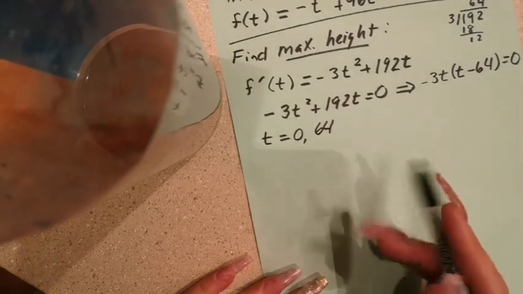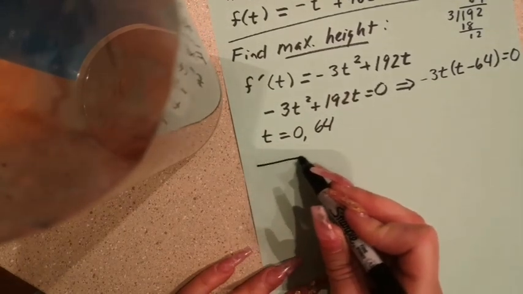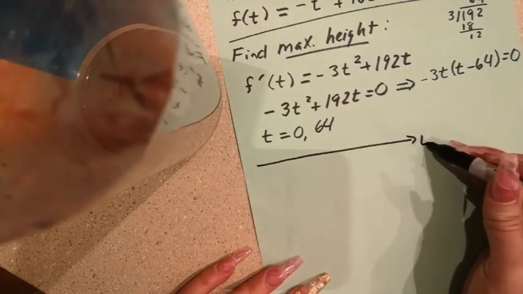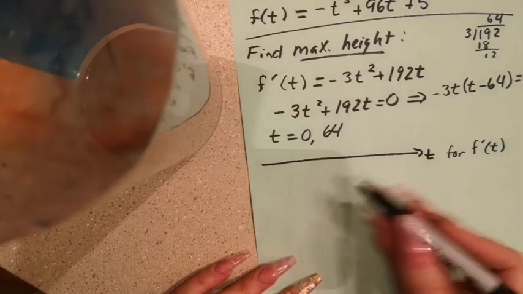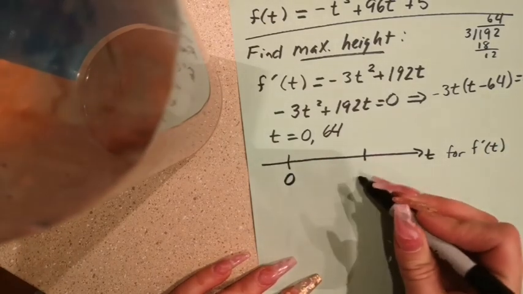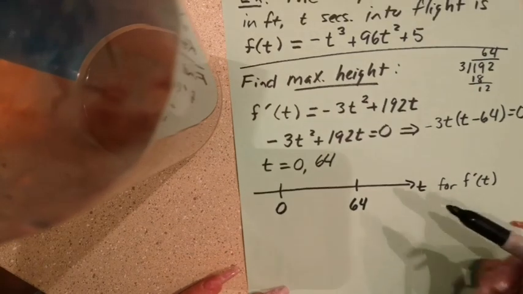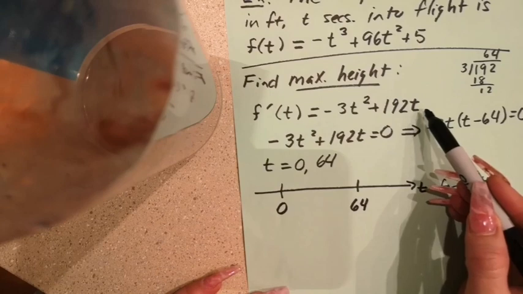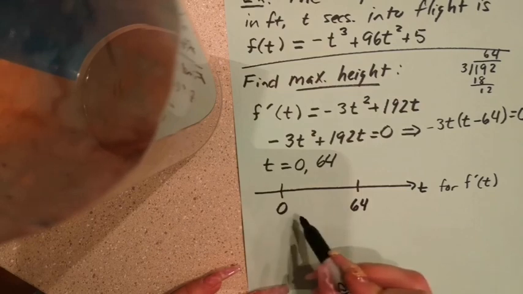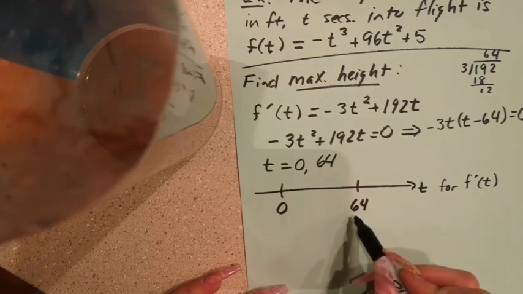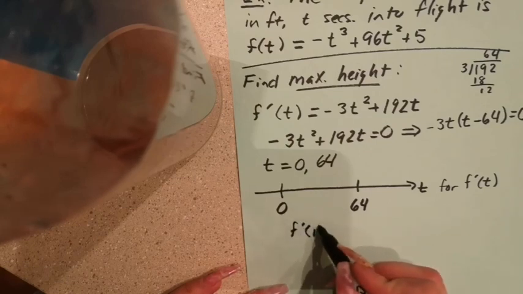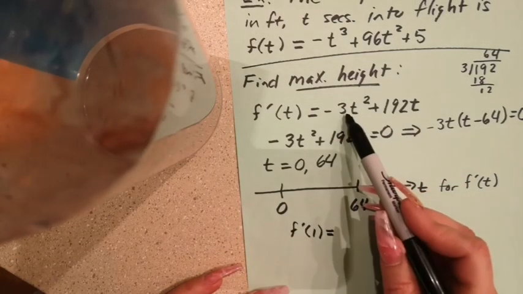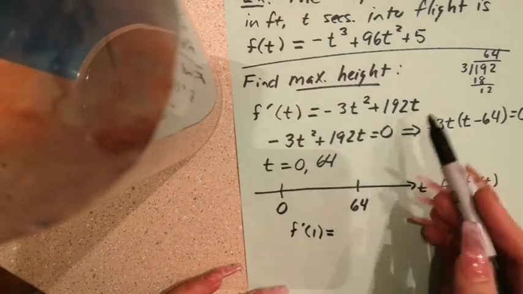Okay, so then let me do some analysis here. So let me make a chart for the derivative. I'm interested in 0, 64. So let's see, if I look at my derivative, well, let me pick a number in this interval. Like say maybe 1. So that's going to be -3 plus 192.